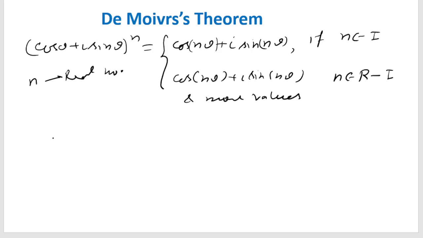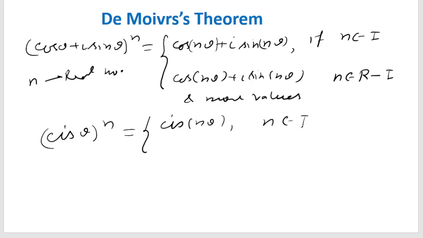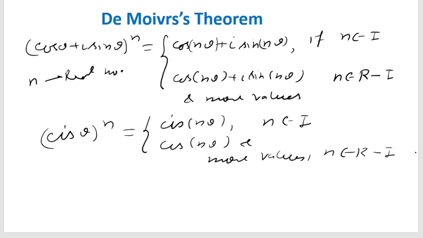In short form, sometimes we write (cis theta) to the power n is equal to cis n theta when n belongs to the integers, and cis n theta is one of the values, and there are more values, when n is all real values except integers.